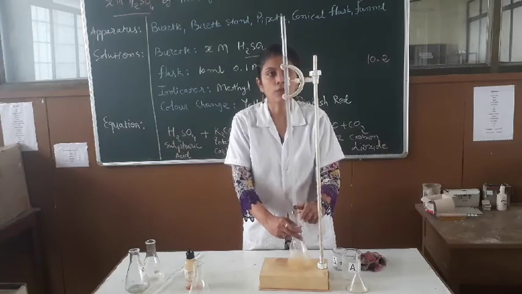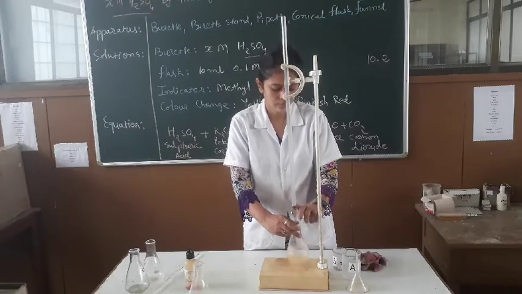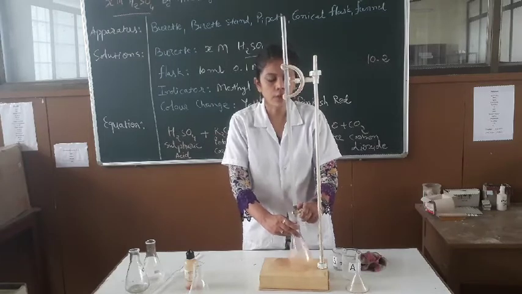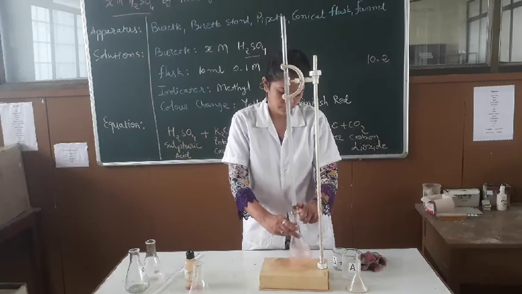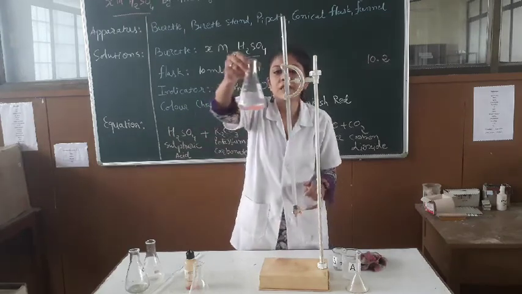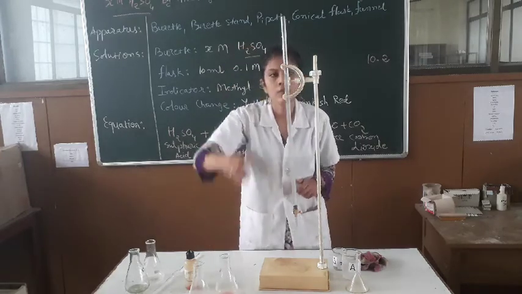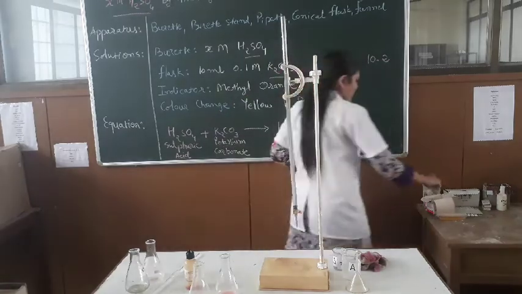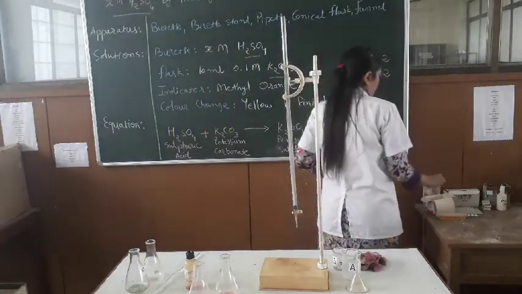Keep eyes on the burette and the conical flask for color change. We have to add the solution from the burette drop by drop. You can see here color change is yellow to pinkish red. Our second reading is again 10.2.